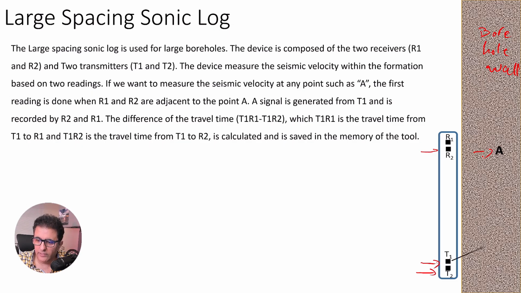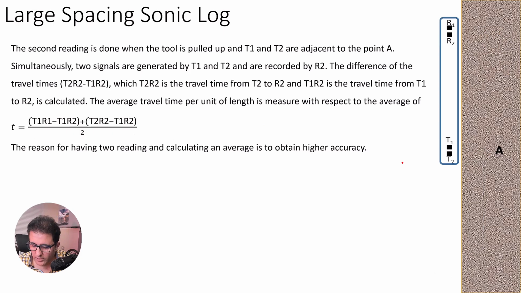So what we do here first, T1 or the first transducer produces a seismic signal that is recorded by R1 and R2. And we measure the travel time between T1 and R1 and T1 and R2. So the difference of the travel time of R1 and R2 is recorded and is sent to the memory of the logging tool. And then once the two transducers arrive at B, again, we're going to have another pulse.